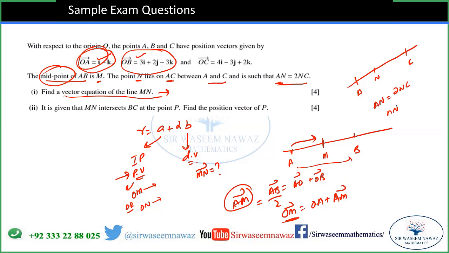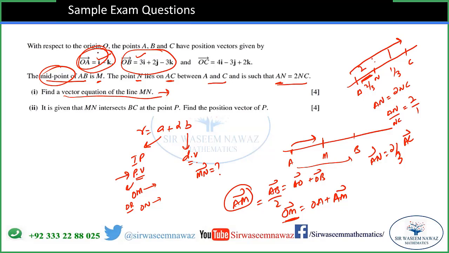So I can say AN upon NC will be 2:1. In other words, there is a ratio of 2 to 1. So that is 2/3 and this is 1/3. So AN will be 2/3 of which line? AC. So this is 2/3 of AC.